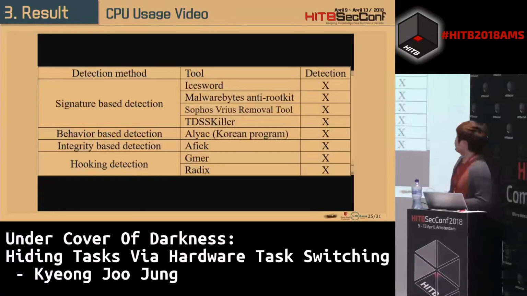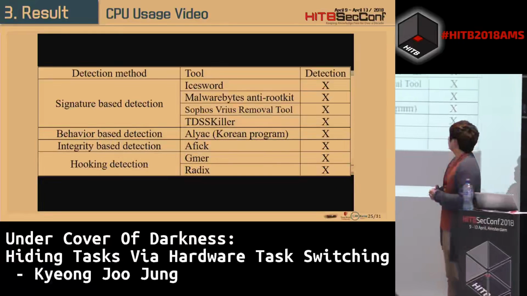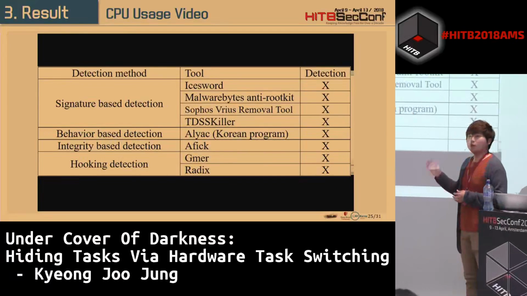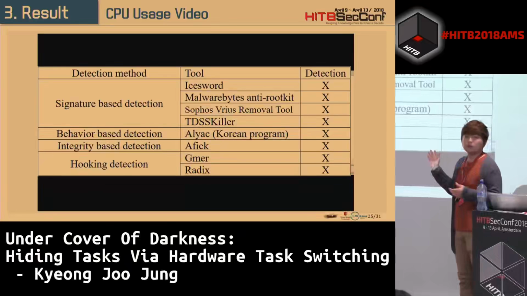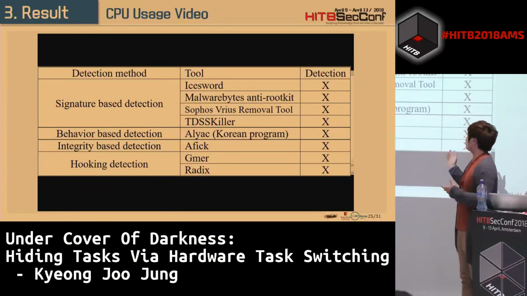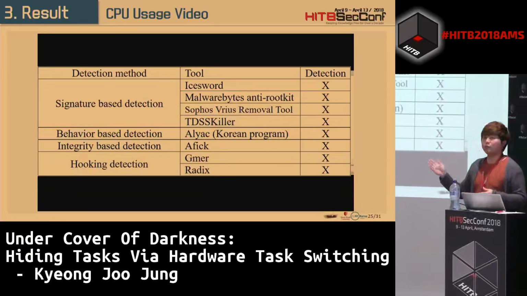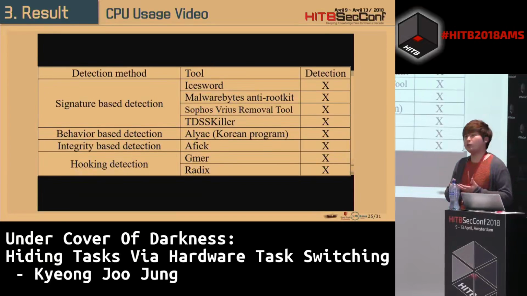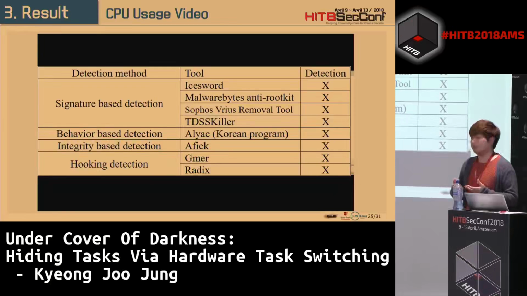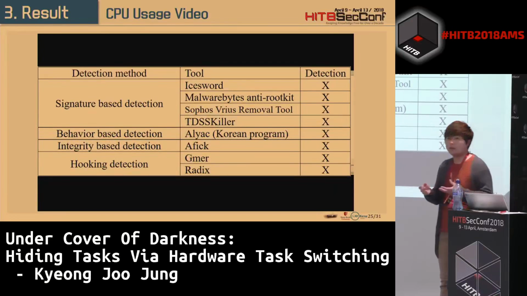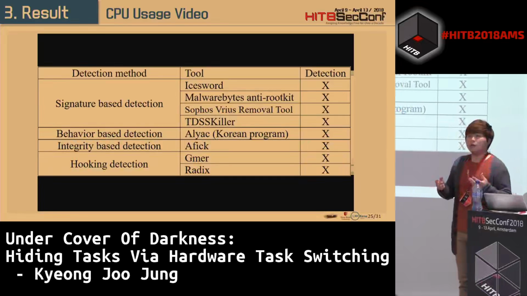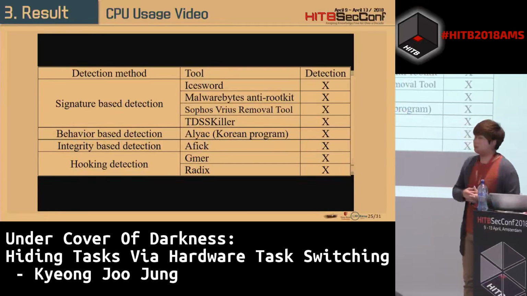And the result was that we tried many tools, but none of those found our modification. And this shows that there's currently no technique that detects the modification of the GDT or the TSS.